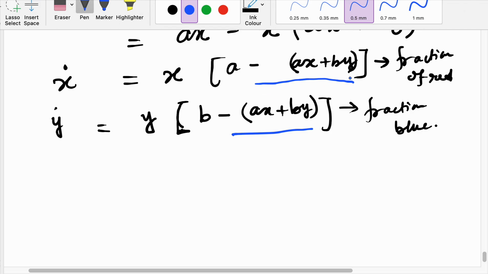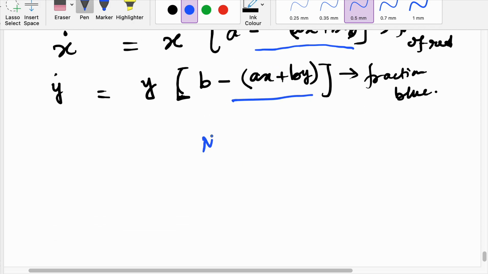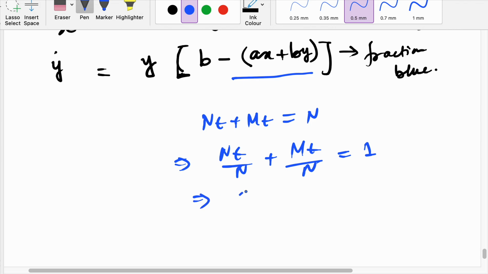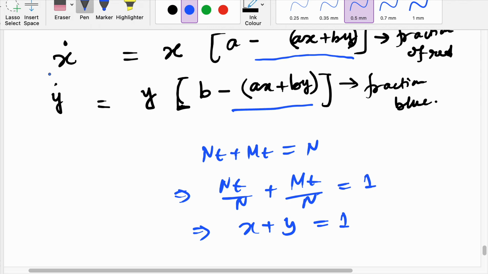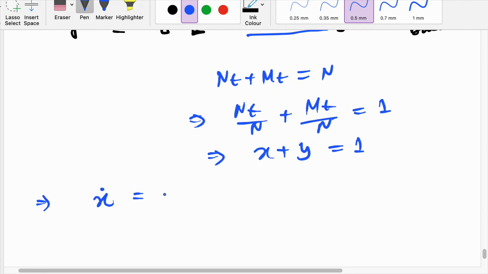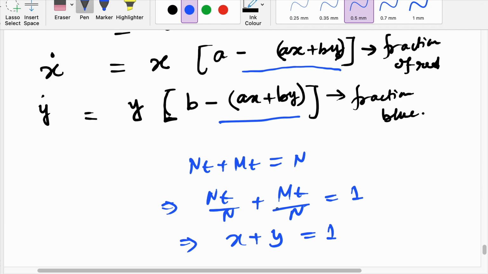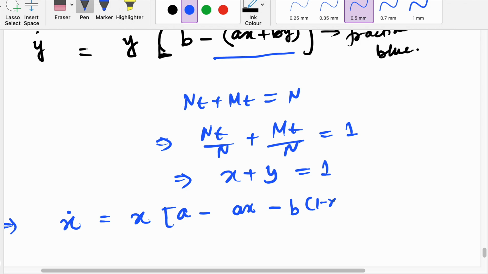Now since nt plus mt is always n, that means nt by n plus mt by n will be 1. So x plus y will be 1, and that means we need not write two equations, only one equation will do our job. So x dot will become x into (a minus ax minus b(1 minus x)).